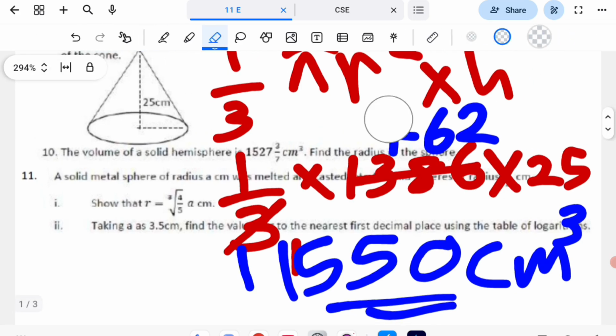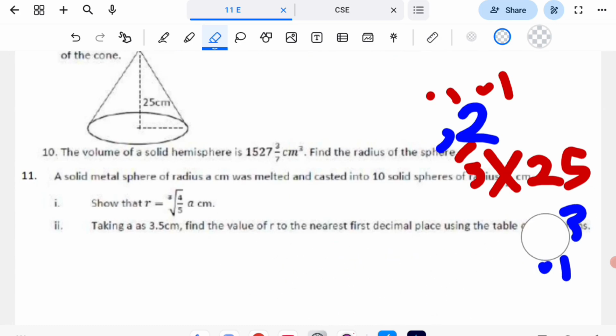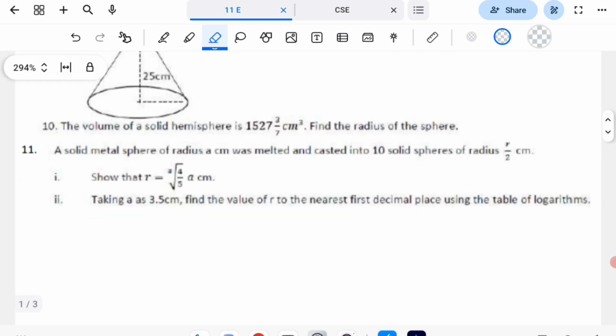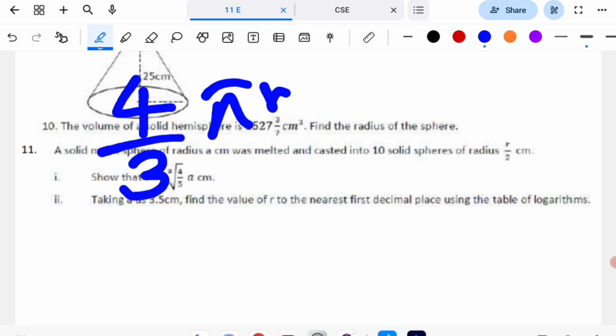Then question number 10. The volume of a solid hemisphere is 1527 and 3/7. Find the radius of the sphere. We can write the equation for the volume of a sphere: 4/3 πr³.